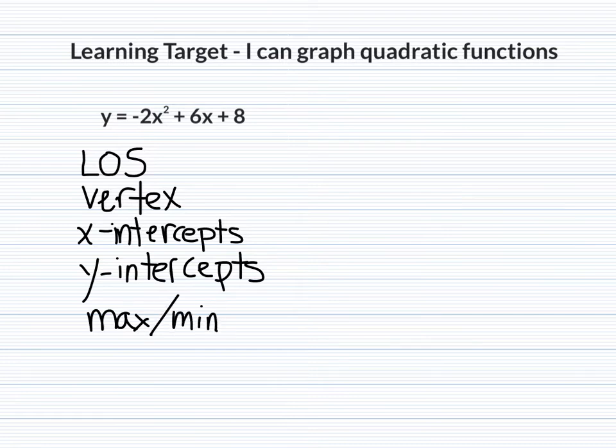So try this out. Remember for the factoring, factor out that -2 when you have to get to the x-intercept part. Okay, try to find all of this information.